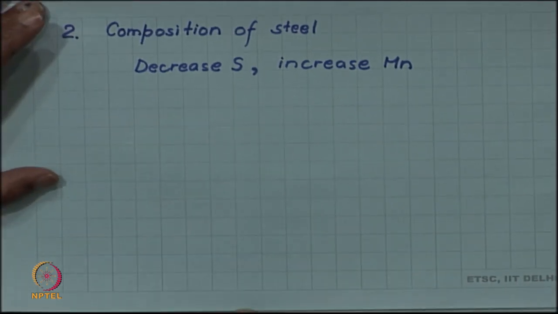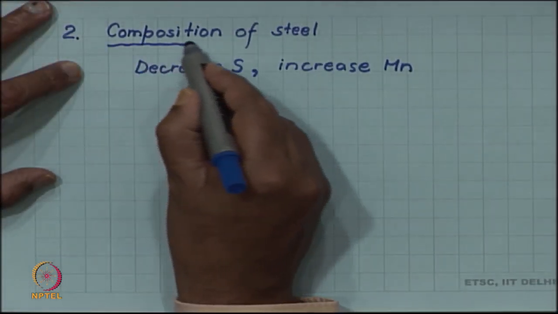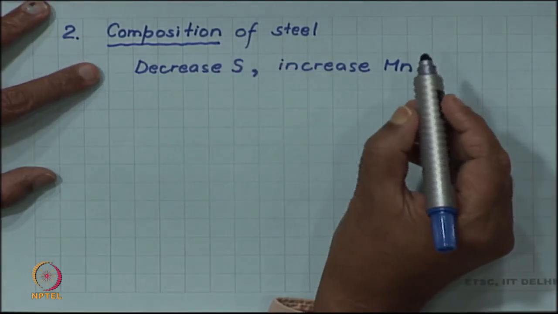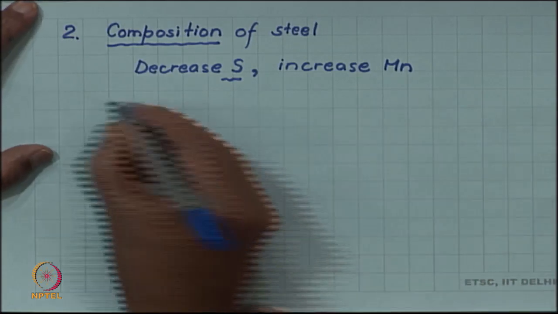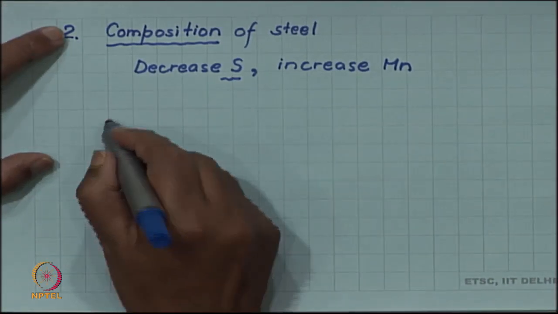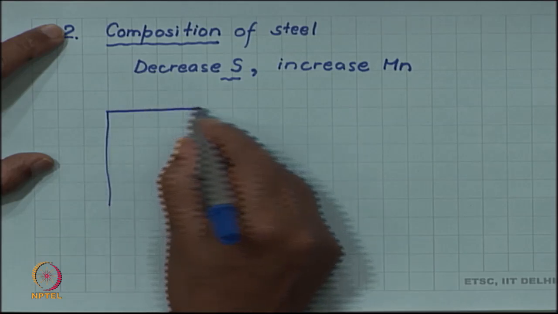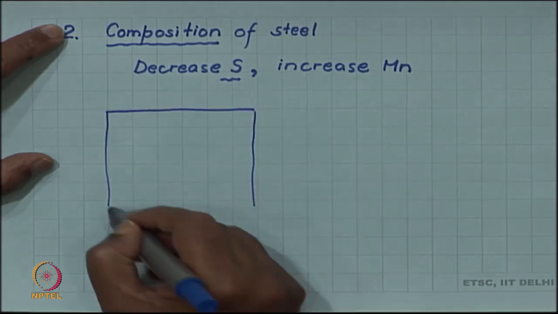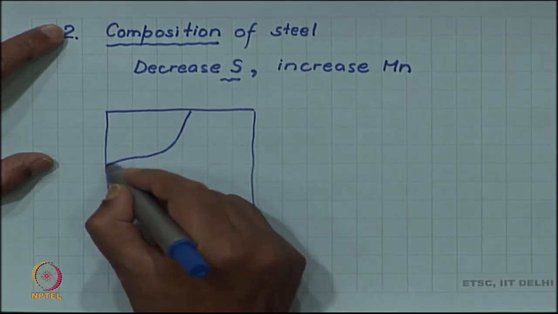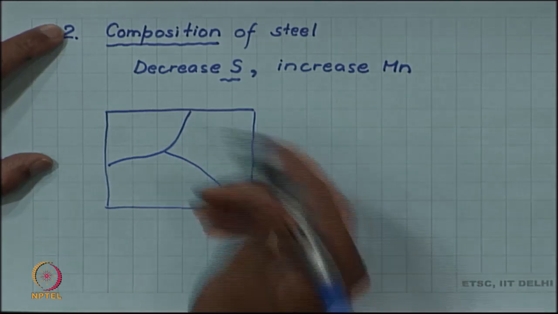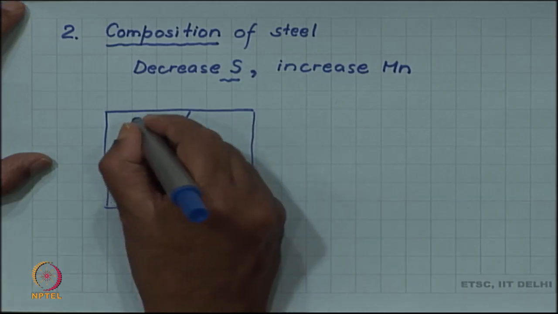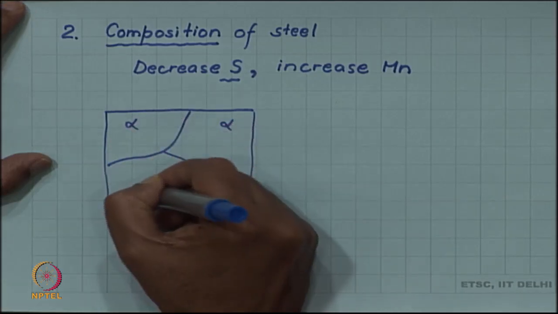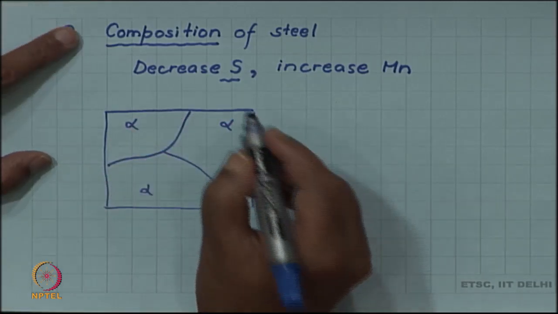In the case of steel, composition is very important in determining the brittleness, and one element which causes brittleness in steel is sulfur. The way it causes brittleness is, if you consider the structure of steel, let us say that these are ferrite grains and these are the grain boundaries.